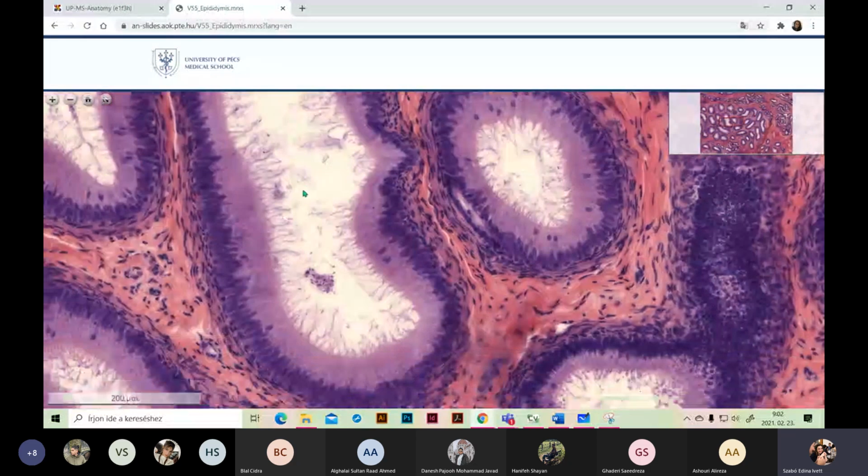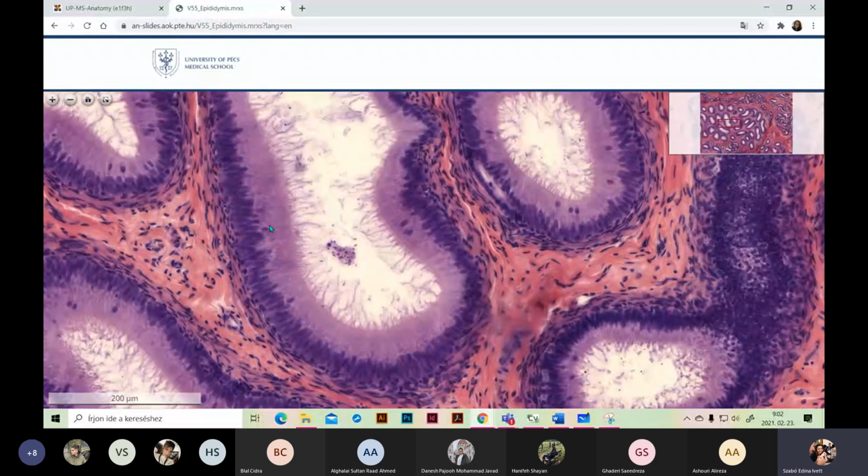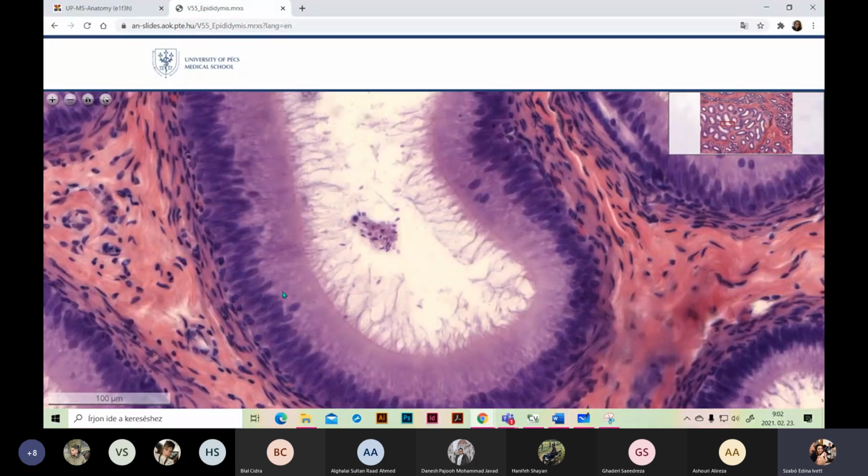If I go closer, we have to describe this tissue here. It's an epithelial tissue because the cells are very close to each other, and it's a surface epithelium because it's a duct which is lined by this type of epithelia.